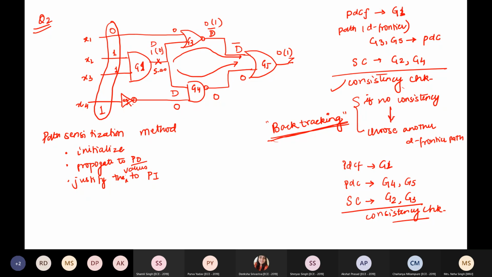Tutorial 4 was on SQAP measurements. That is, you were required to calculate the controllability and observability for the circuits.